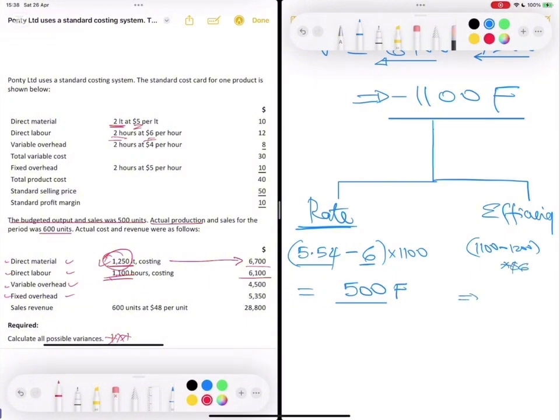So that gives us 1,100 minus 1,200, that's 100, and that is 600. Because the number of hours we consumed is less than what we should have consumed, that is also favorable. And when you add the 500 and 600 favorable, you have your 1,100 total labor variance.